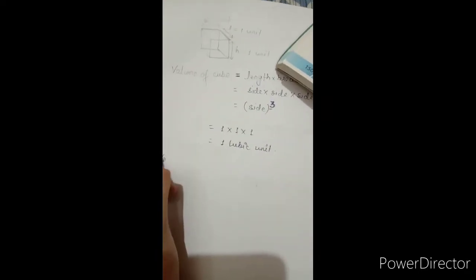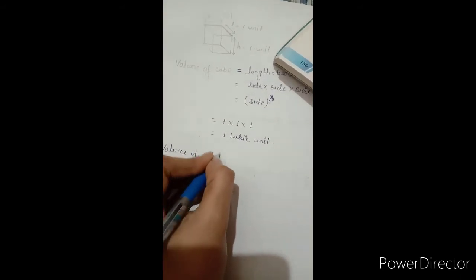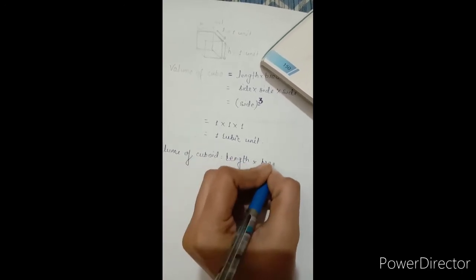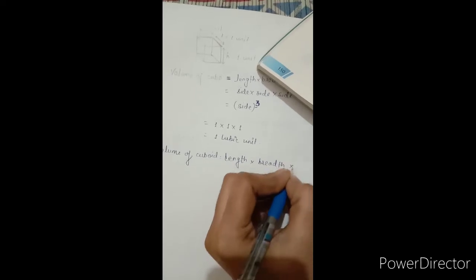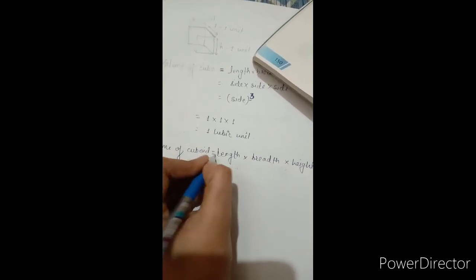Suppose here, volume of cuboid is also length multiply breadth multiply height. But as I said earlier, these length, breadth and height may be same or not.